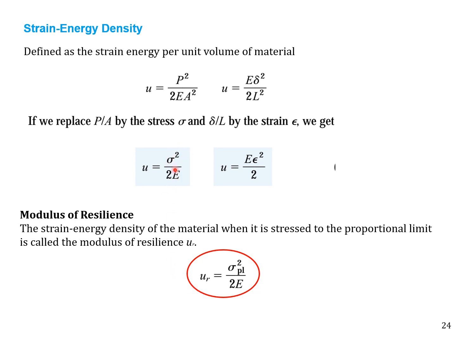It will be equal to stress square over 2E, but we will take this value of stress at the proportional limit, with a subscript, and we will add subscript r to this energy density, which shows that this energy density is calculated at the proportional limit and is called modulus of resilience.